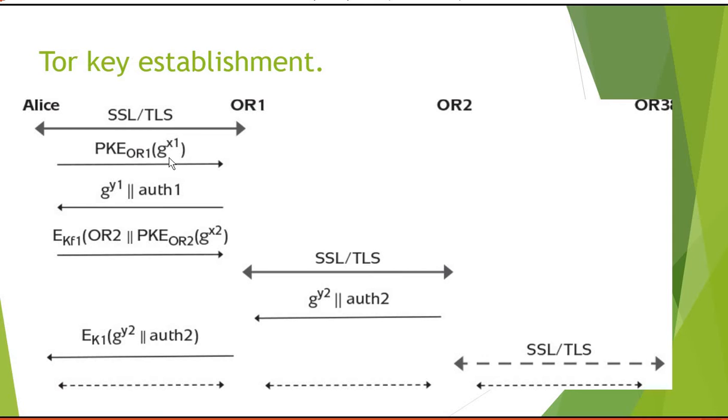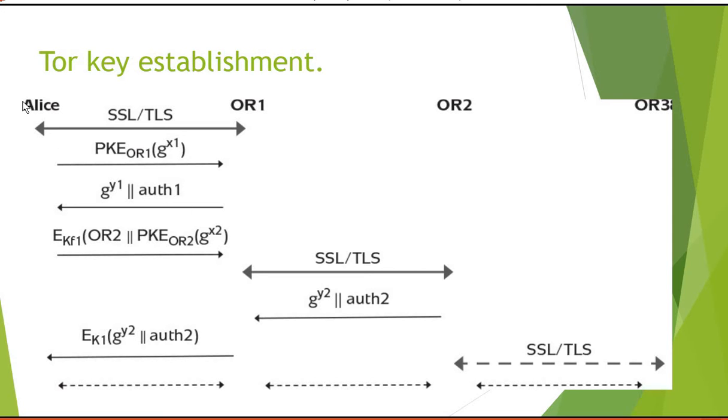For that, g^x1 using the Diffie-Hellman algorithm will be shared here. Onion router 1, after receiving g^x1, will generate g^y1.